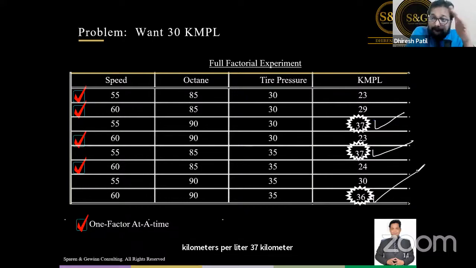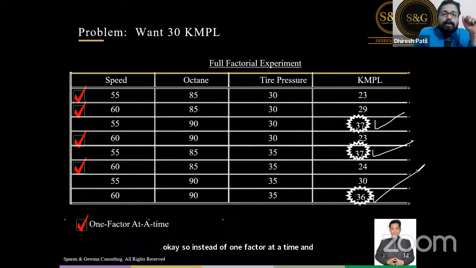So way above the target they are reaching with some other settings as well. That means if we are not checking all the combinations and permutations, you will not be getting the optimum desired result.